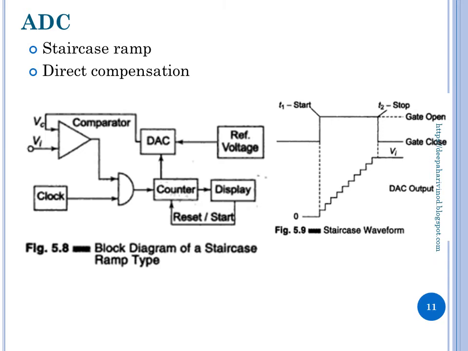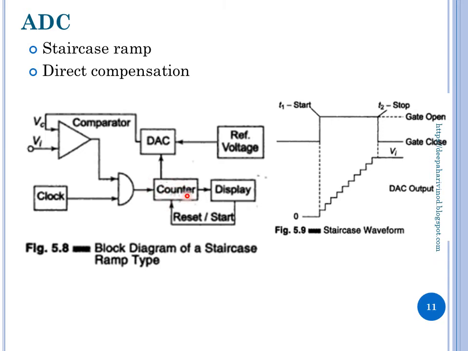Now if VA is not equal to 0, that is this input is not equal to 0, the input comparator applies an output voltage which opens the gate so that the clock pulses are passed to the counter. The counter starts counting. The DAC starts to produce an output voltage increasing by 1 step at each count of the counter.